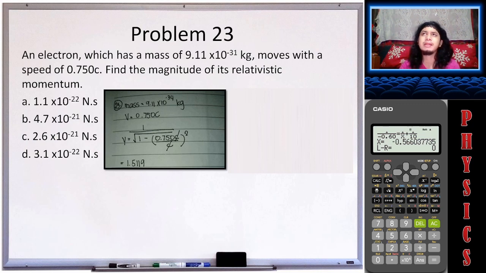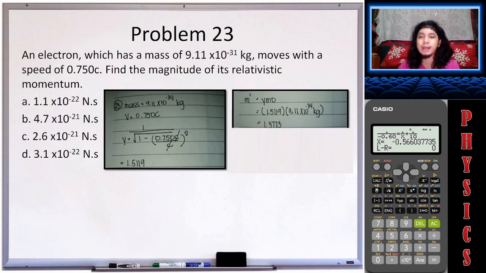Sabi natin, bumibigat po siya. And kung bumibigat siya, i-multiply lang natin si Lorentz factor kay mass ni electron. Ayan. So, multiply lang natin, makukuha natin is 1.3773.